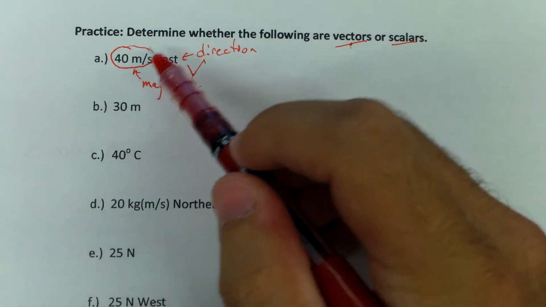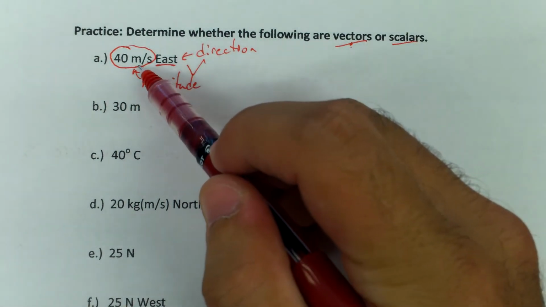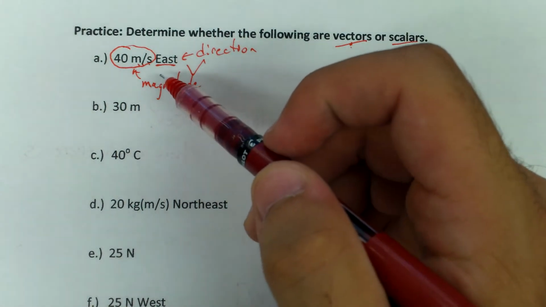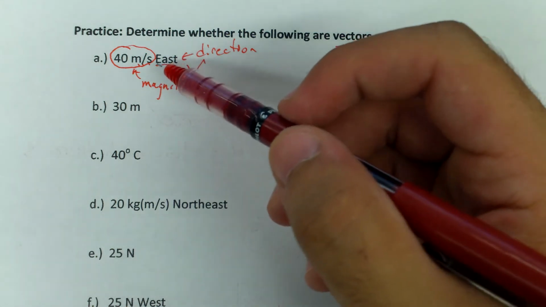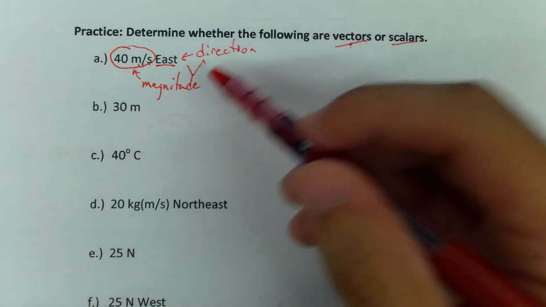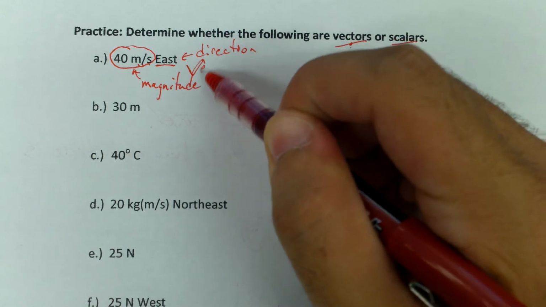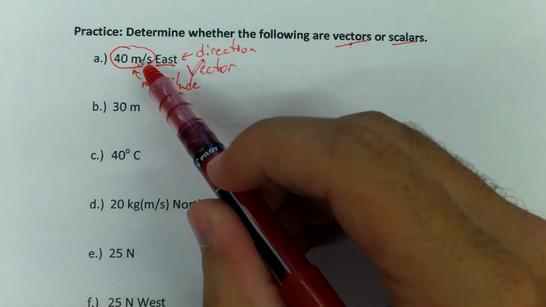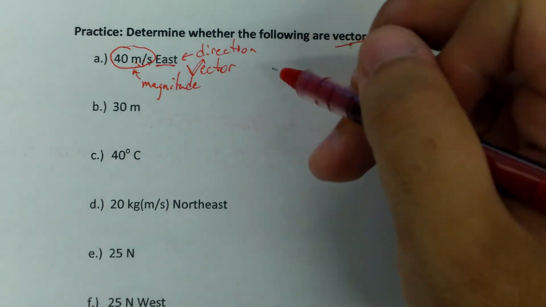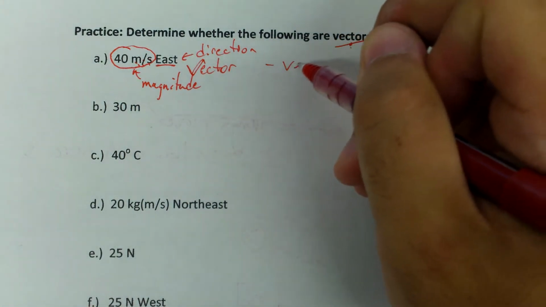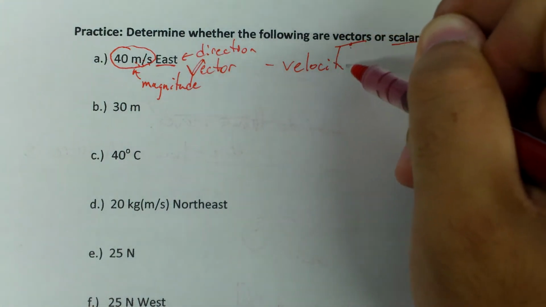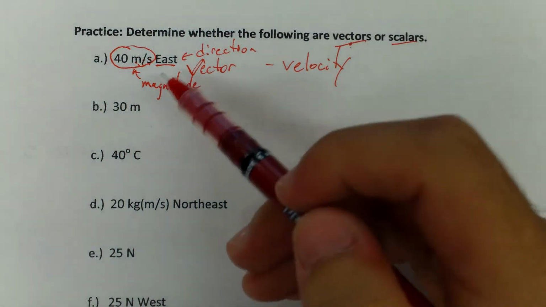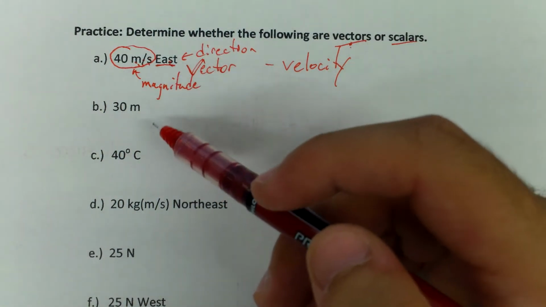Okay, the type of unit you have, this meters per second, that tells us the type of measurement we're making. Since we already know this is a vector, the vector quantity that uses meters per second, it wasn't on the last list, but this is a velocity. How fast something is traveling with the direction.